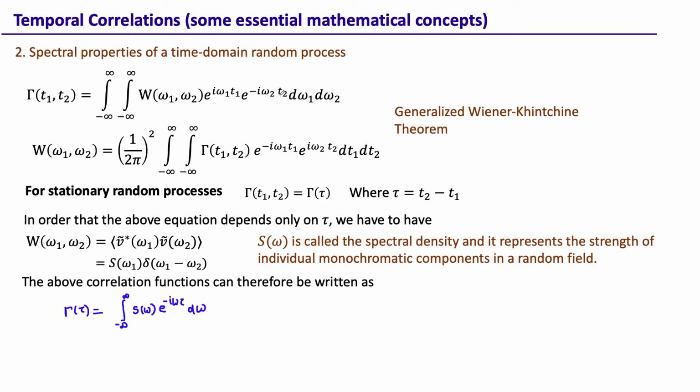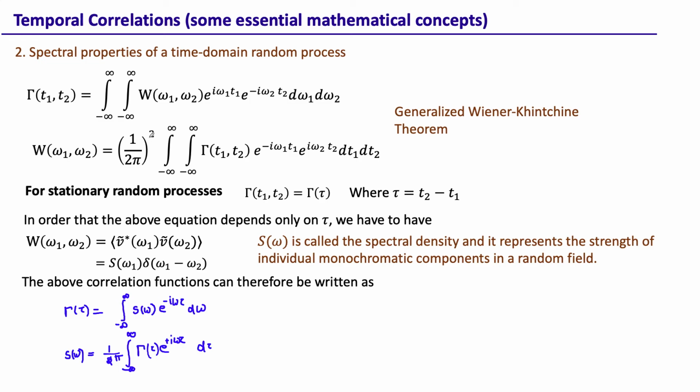Here we have T2 minus T1, which gives us this tau after doing the delta function integral, and this integral can then be inverted, so that S of omega equals the integral from minus infinity to infinity of gamma of tau, e to the plus i omega tau, d tau.